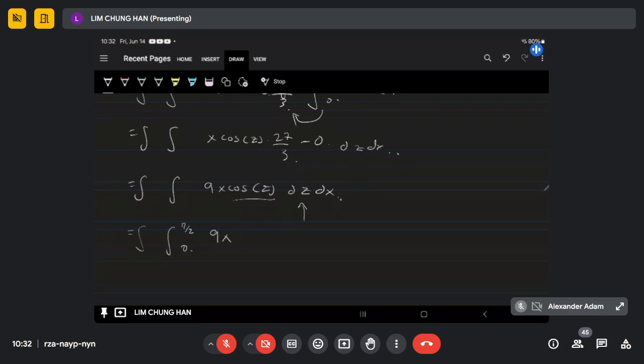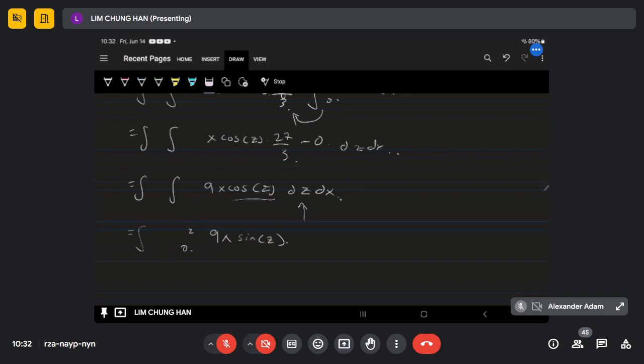What do you get when you integrate cos? You get sine, right? Positive or negative sign? This is the confusing part. Positive sign. Okay, good.